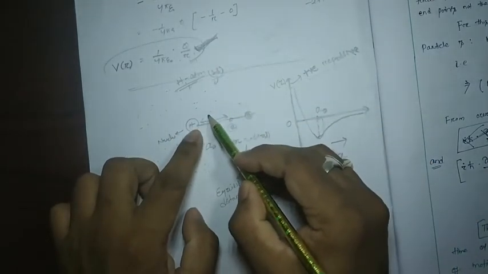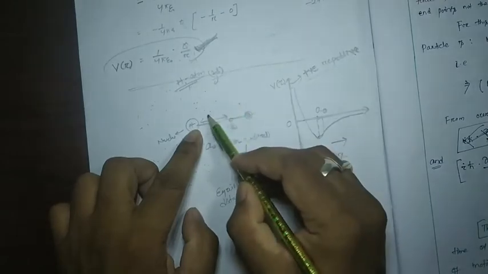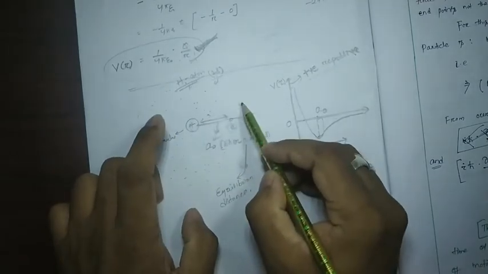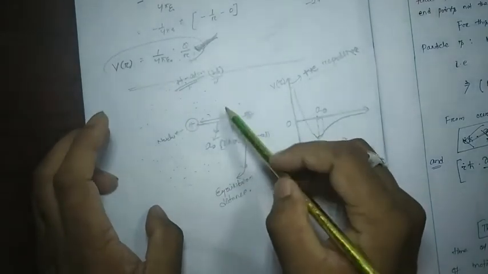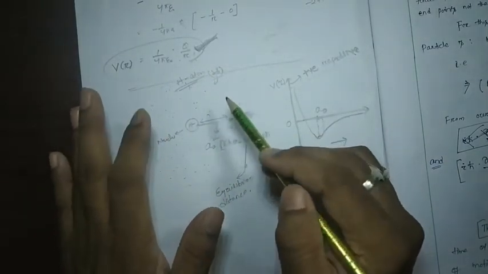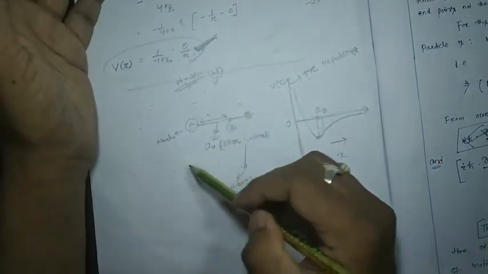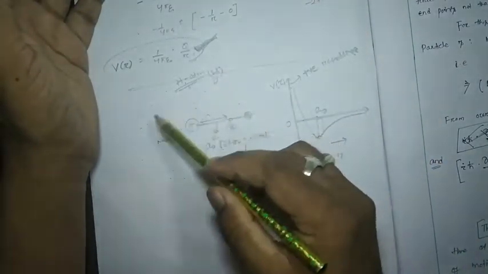And if somehow initially the electron is here and it moves to here, that means it is due to the repulsive nature. So around the nucleus, attractive and repulsive forces will be continuously changing, and we get the cloud of electrons around the nucleus.